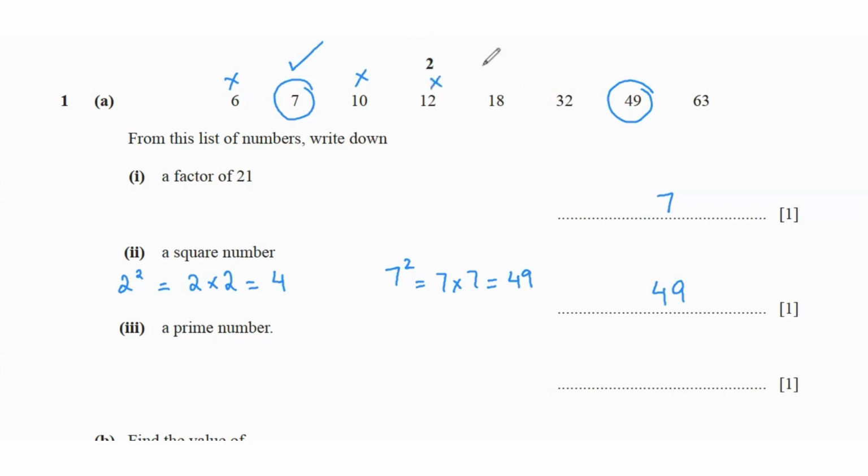Same with 12: 4 times 3, 6 times 2, 12 times 1. 18 is also 9 times 2, 6 times 3, 18 times 1. Same with 32 and 63. So the only prime number we have over here is 7. 49 is also not a prime number because it's divisible by 7, 49, and 1.